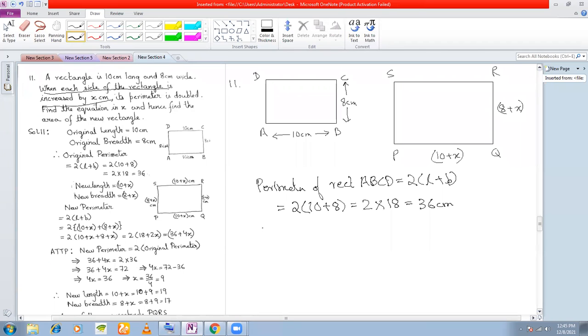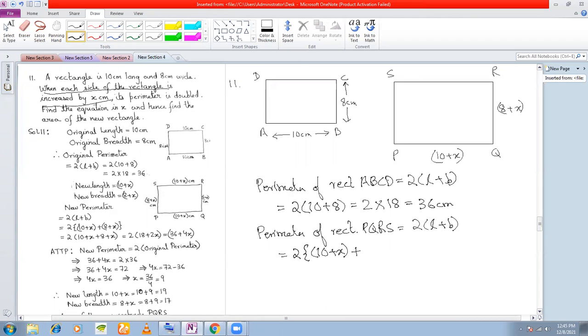What is the perimeter of this rectangle PQRS? Again, twice L plus B. And this time, what is the length here? The length here is 10 plus x.